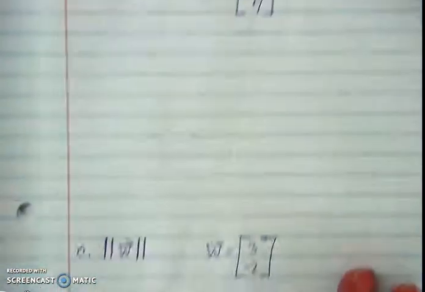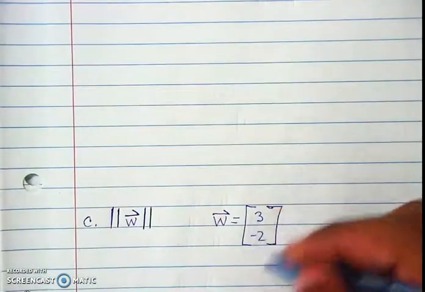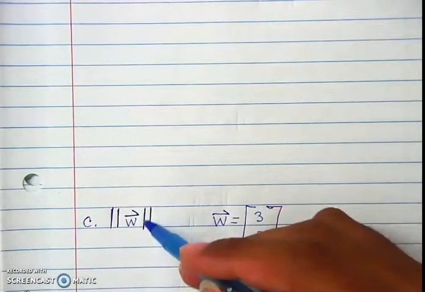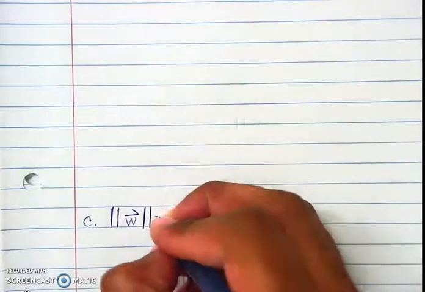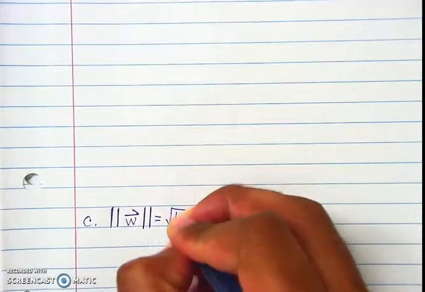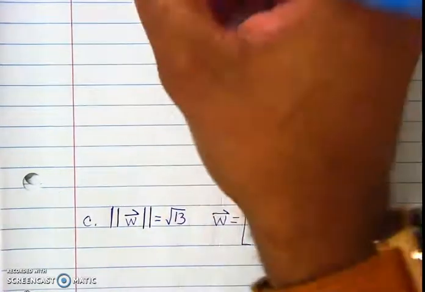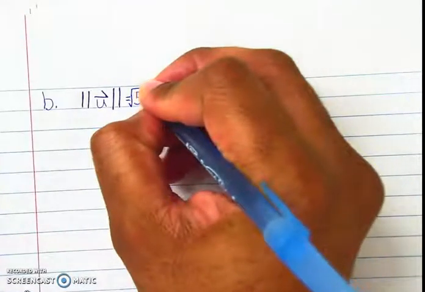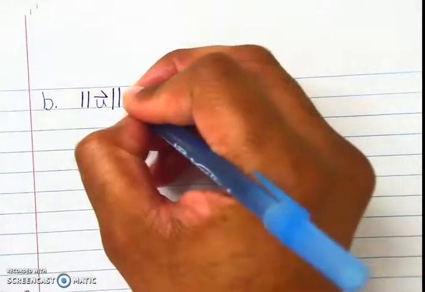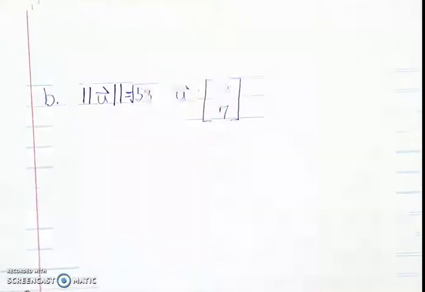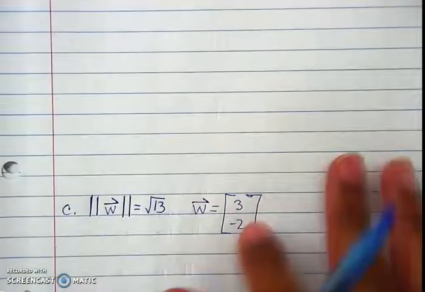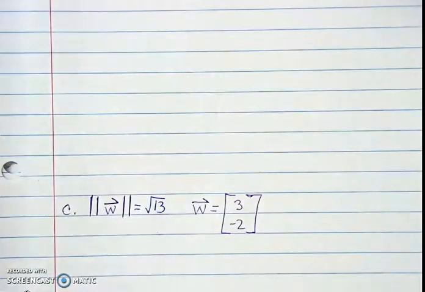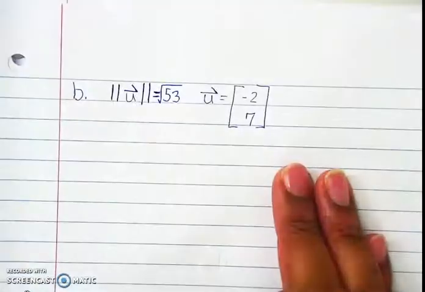And then for C, if you try to do the magnitude of this one, you'll get an answer of the square root of 13. Oops, sorry guys, I forgot something on this first one. There should be the square root of 53. My fault. And again, it's positive because it's a positive length. So positive square root of 13 here and square root of 53 for this one.